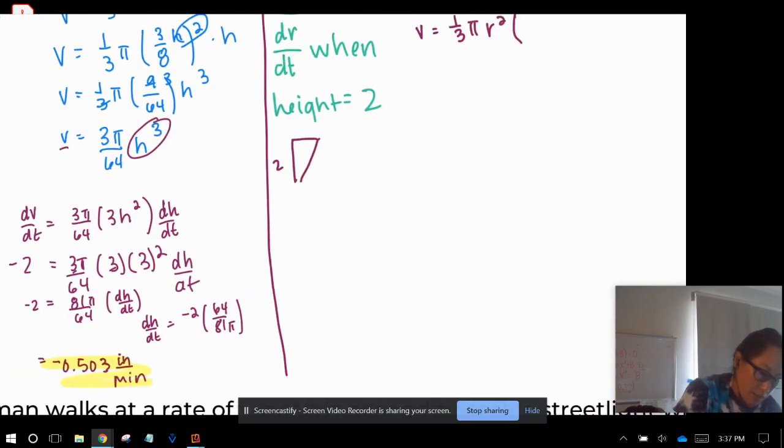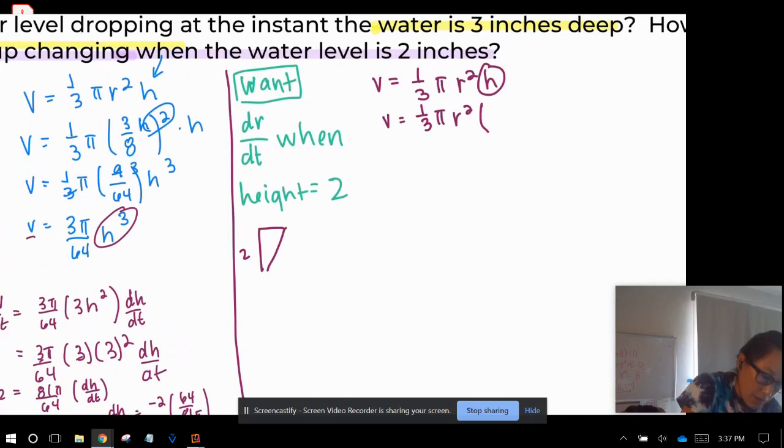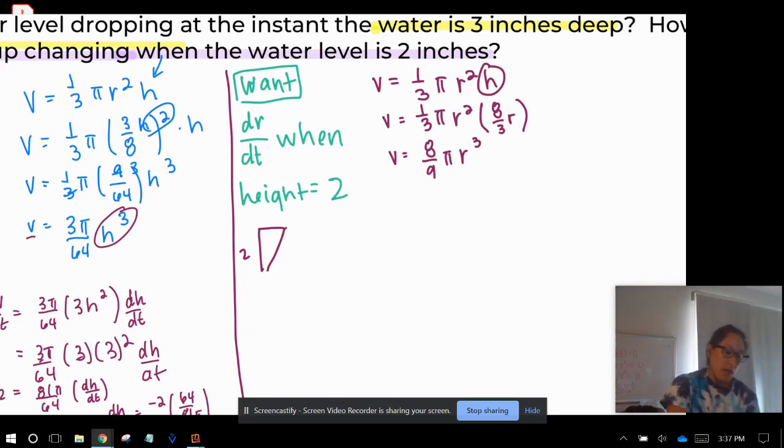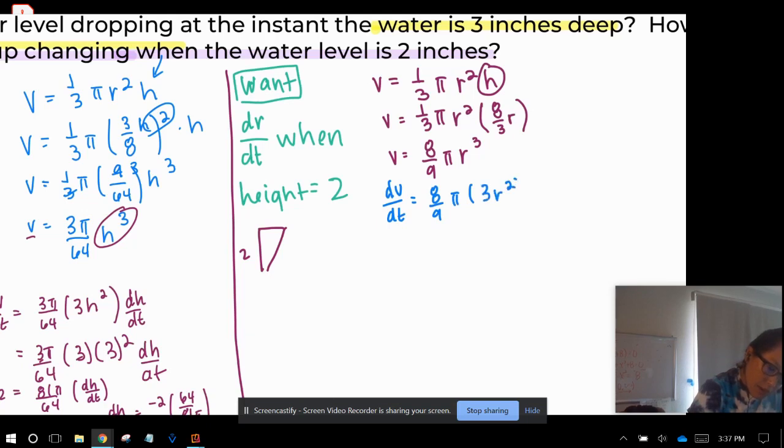So 8 over 3r is equal to h. And so then I simplify this to give me 8 over 9 pi r cubed. And we did that because we want the derivative of r. So we get dV/dt is equal to 8 over 9 pi times 3r squared dr/dt, because that's what we're going to solve for at the end.